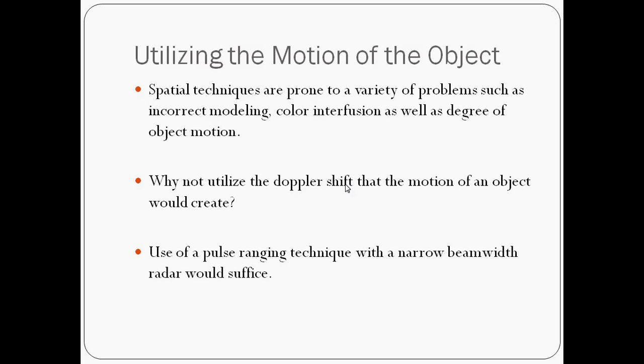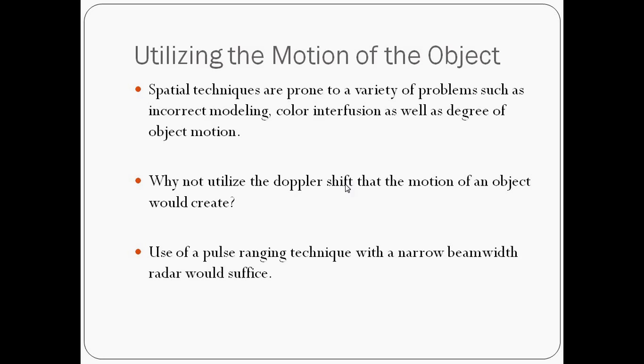So I thought, why not use the Doppler shift to actually track the object. We all know that when an object is moving and it sends out some kind of sound waves or any kind of waves, they experience a Doppler shift.